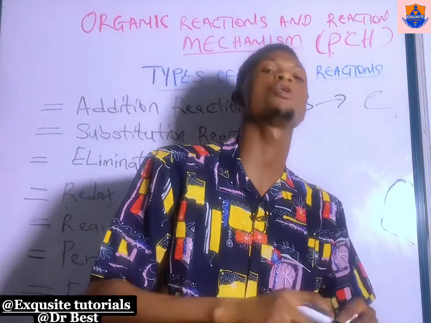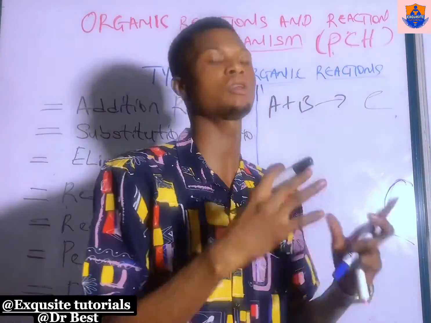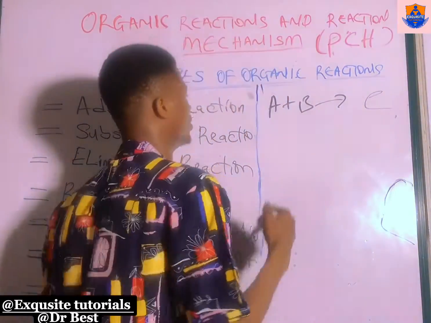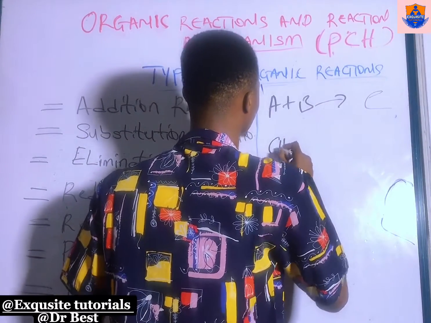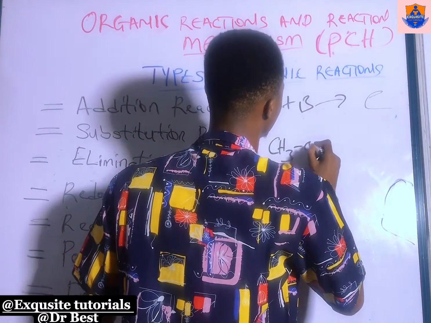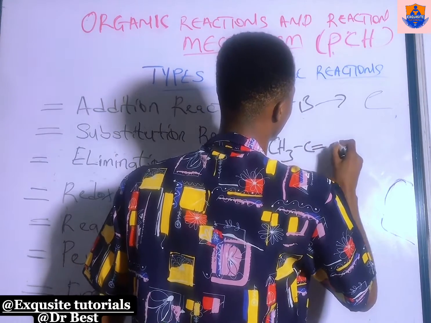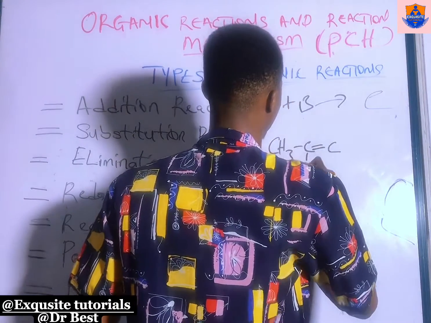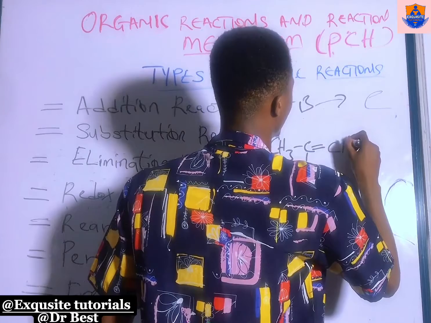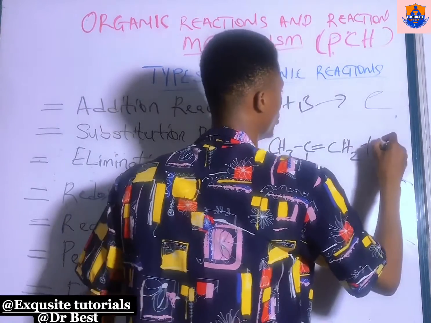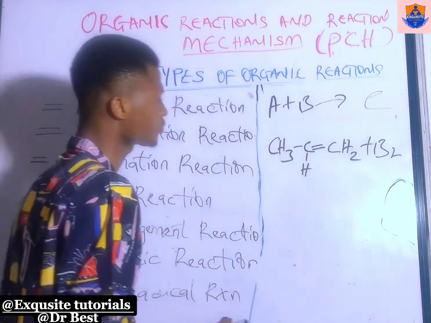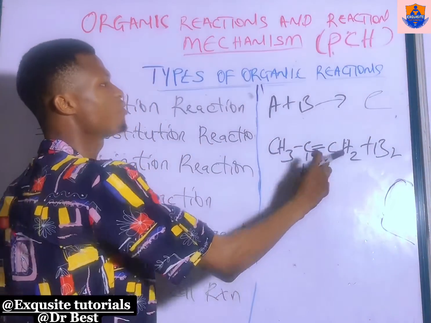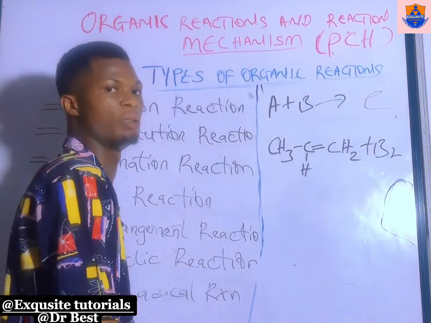Addition reactions are mostly formed between unsaturated organic compounds. Let's say, for example, we have something like this: CH3, C, H here, H2 plus Br. This is an addition reaction. You have an unsaturated organic compound, right?